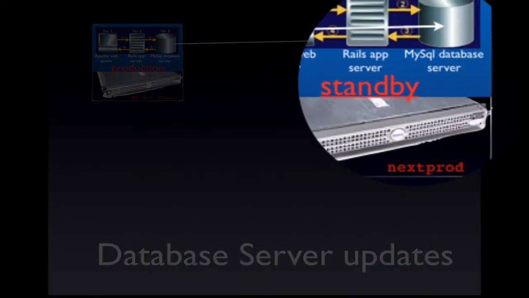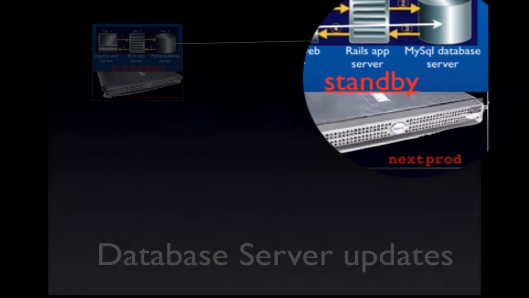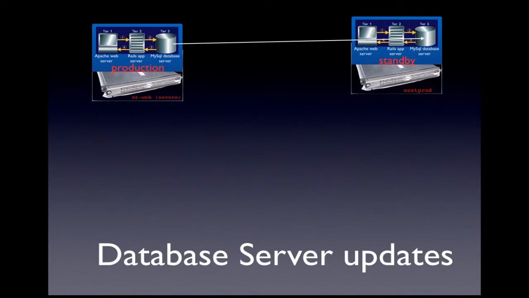And we can, with a single push button, refresh the standby database from the production database. So with a single push button, or single command line command, the programmer can instruct the standby server to refresh itself so that its MySQL database is an exact replica of the production database.